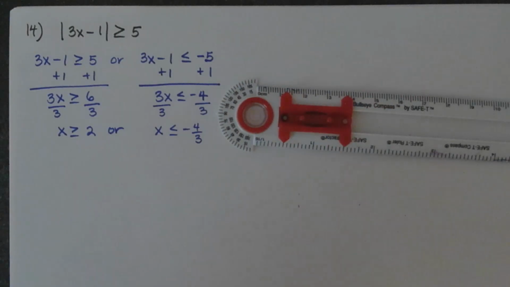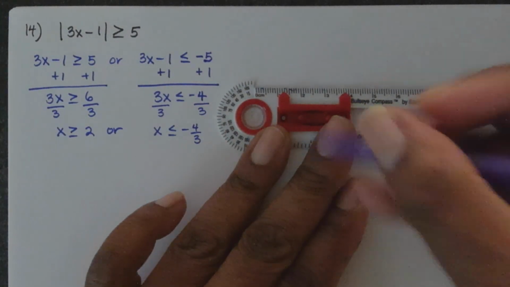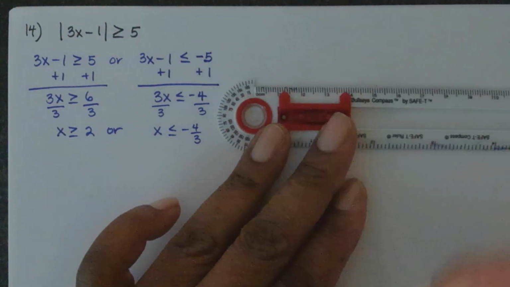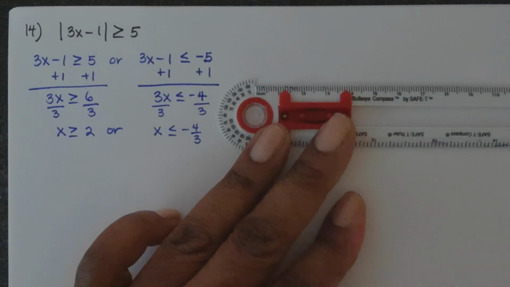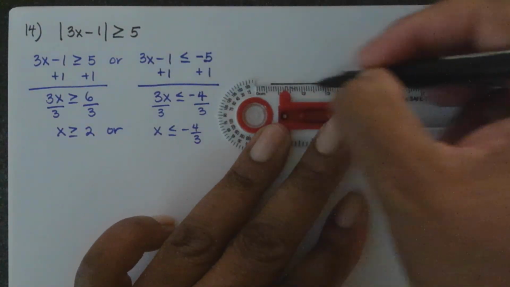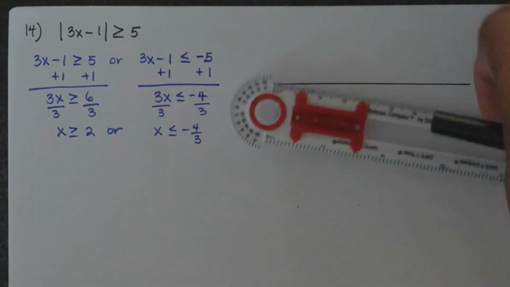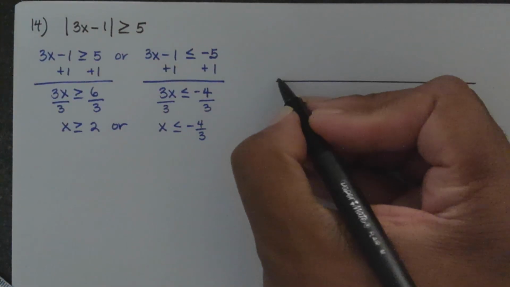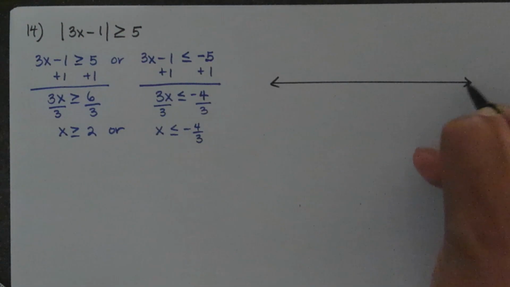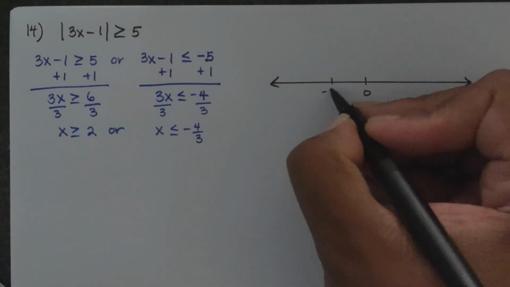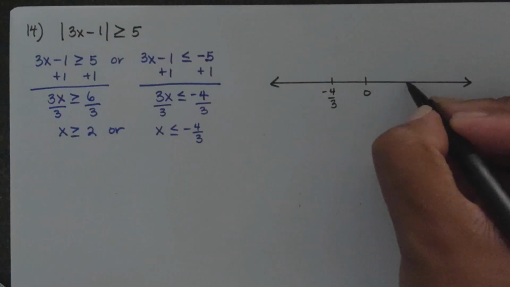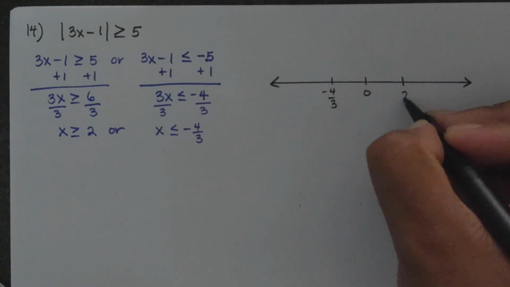Now for the graph of the solution set on a number line. I'm going to say negative 4/3 is on the left, and 2 is to the right of that.